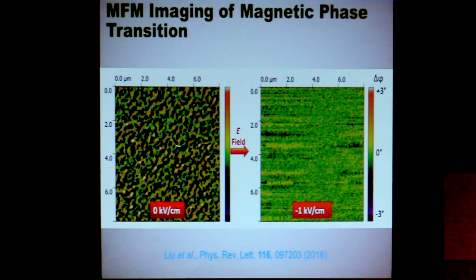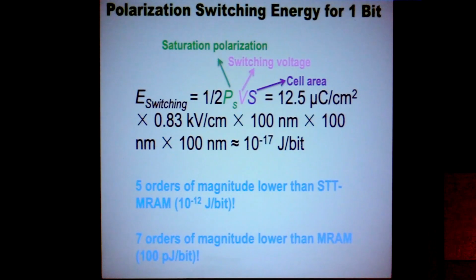If you now look at this kind of heterostructure, iridium, initially without any electric field, at 100 degrees Celsius it's full of ferromagnetic domains. After you apply electric field and piezoelectric strain, it becomes completely antiferromagnetic. So now let's simply try to estimate the energy consumption for this kind of multiferroic heterostructure.